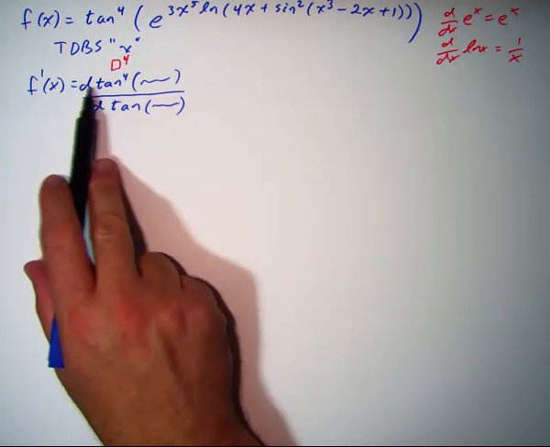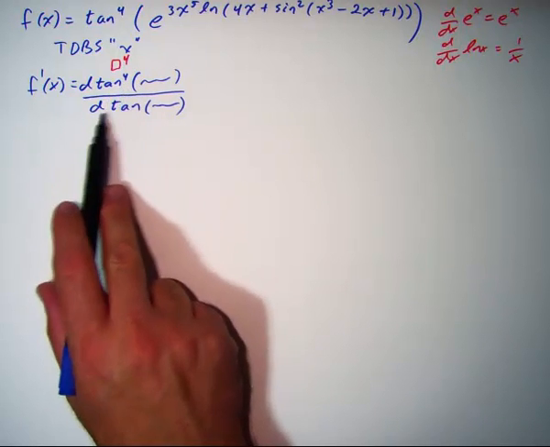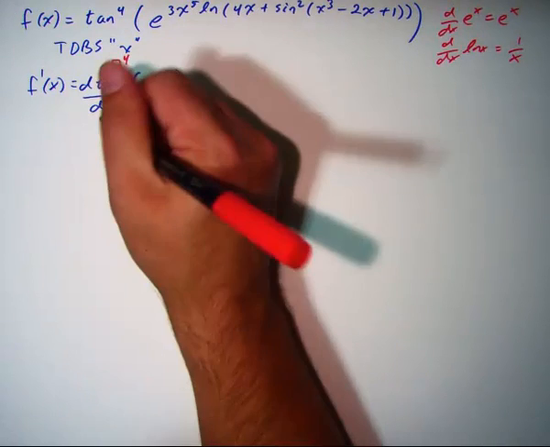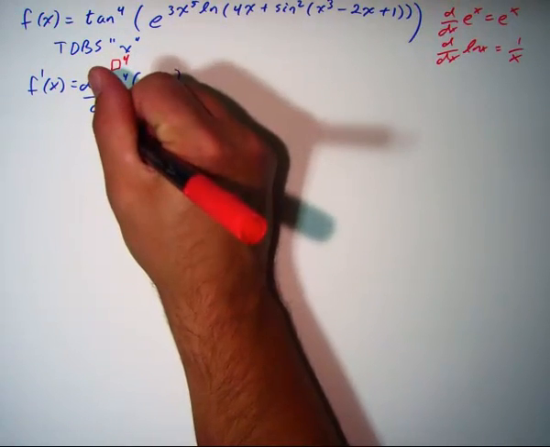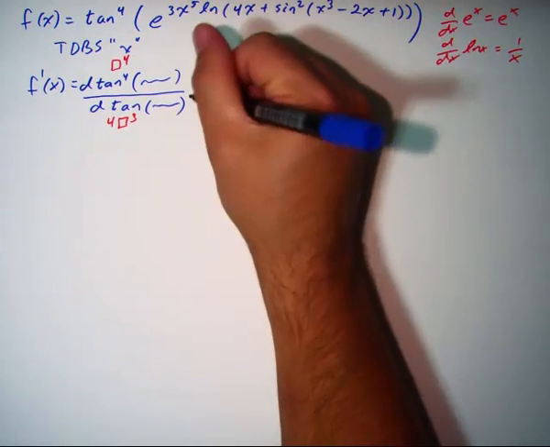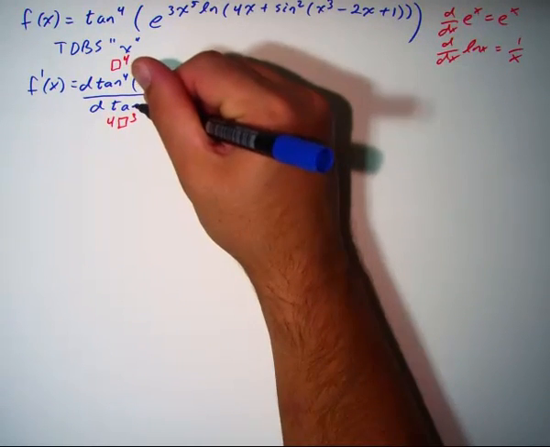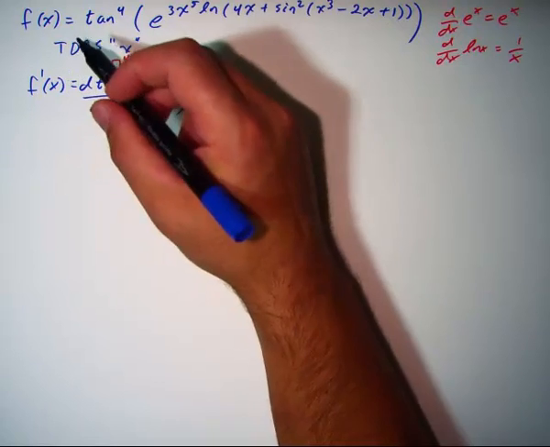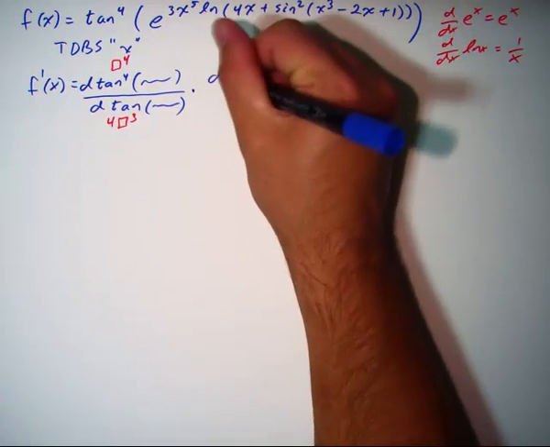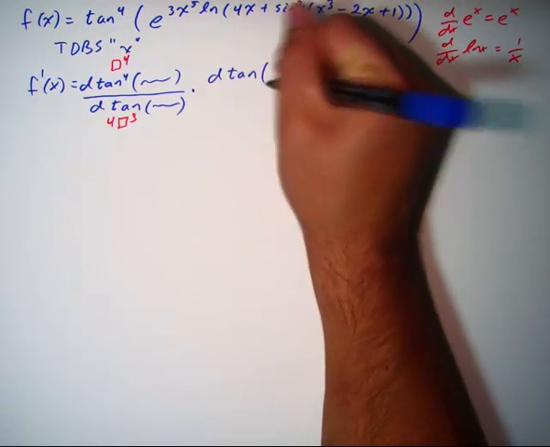So I'm taking the derivative of box to the fourth with respect to box. And that's going to give me, for my next step, 4 box cubed. Next, since I took the derivative with respect to tan, and that's not the d by dx that I should have at the end, I now have to take its derivative.